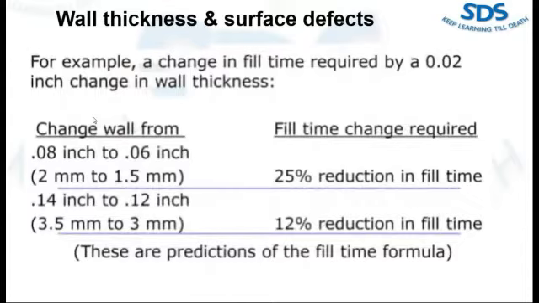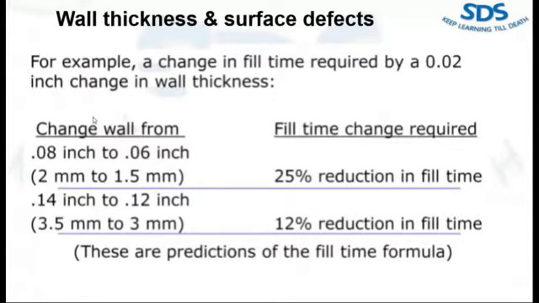Okay, so this slide gives some examples of the fill time reduction required when the casting wall thickness is reduced. This is a very simple logic. As you reduce your casting thickness, you also have to reduce your fill time.